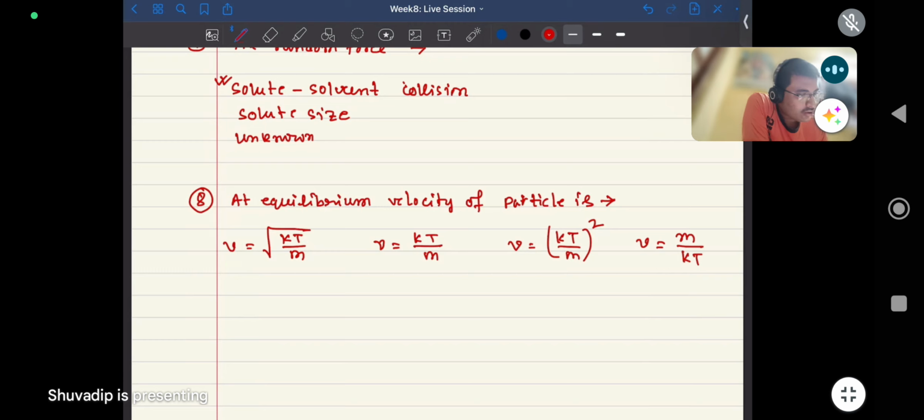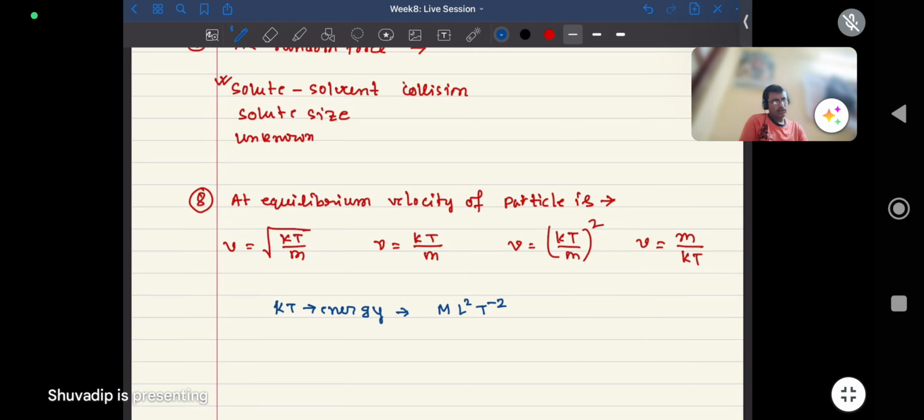Even without looking at anything, you can calculate from dimensional analysis which is the correct option in this scenario. Suppose kT is something like energy, right? kT is energy, so it has the dimension of force times displacement, the same as work done, so it will be like m L square t to the power minus 2.